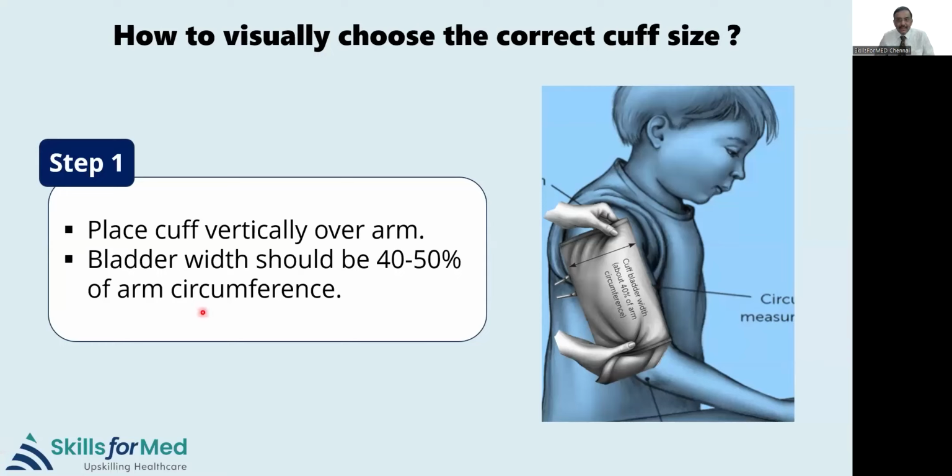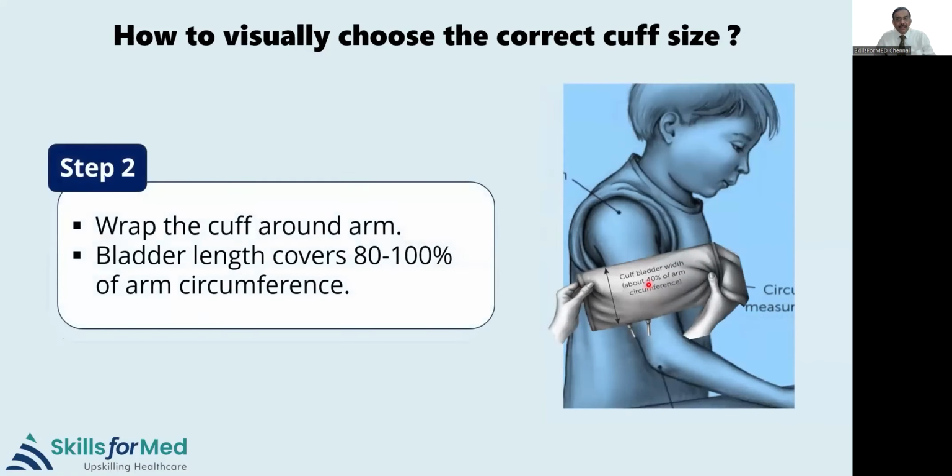So you put it lengthways, and when you fold the cuff over, the lengthwise fold should cover up to half of the arm circumference. 40% is almost up to half of the arm circumference. That is step 1, which is easy to do. It will take a few seconds, right?